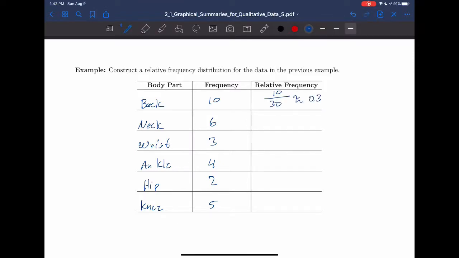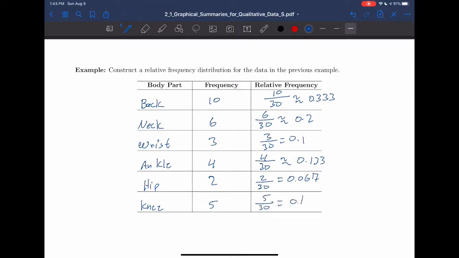And this is roughly 0.333. Similarly, we do the rest of them. This is 6 over 30, which is 0.2, 3 over 30, 0.1, 4 over 30, 0.133, 2 over 30, 0.067, and 5 over 30, 0.167.